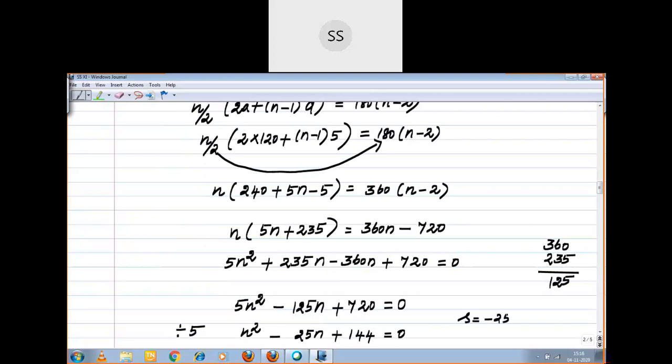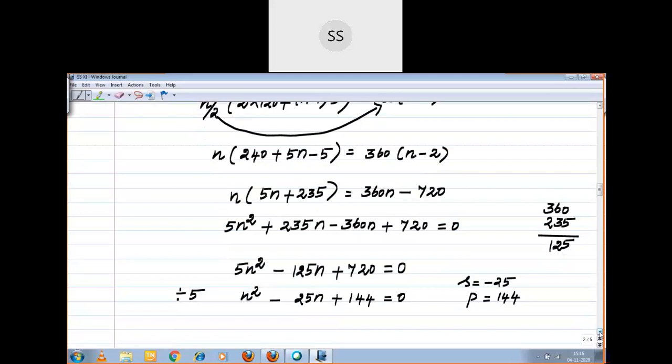So, sum equal to minus 25, product equal to 144. Right? What are the possibilities? 144, you can get 12 into 12, then 72 into 2, 16 into 9. Got it, children? 16 into 9.